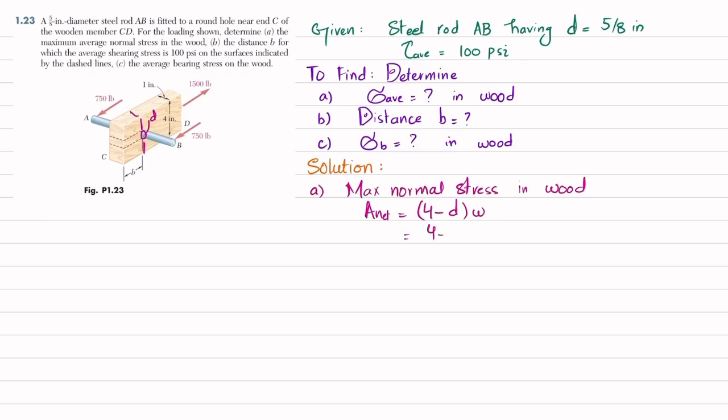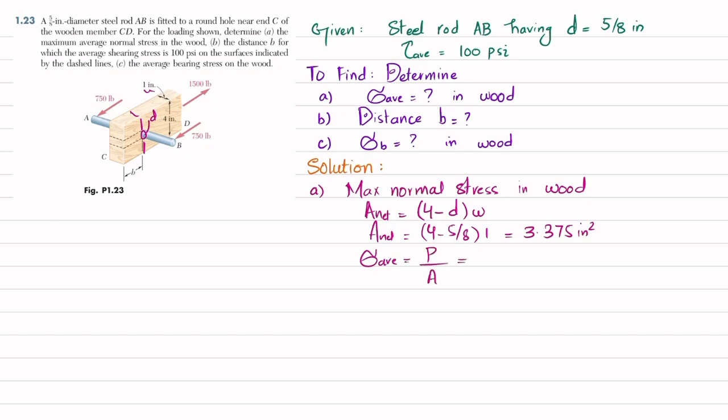So 4 minus 5/8 multiplied by width, you can see width is 1 inch. So this will give you net area, which is 3.375 square inch. We know that average normal stress is equal to load per unit area.